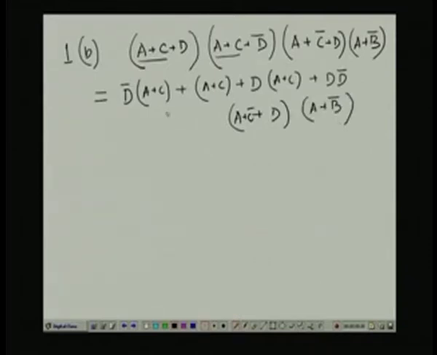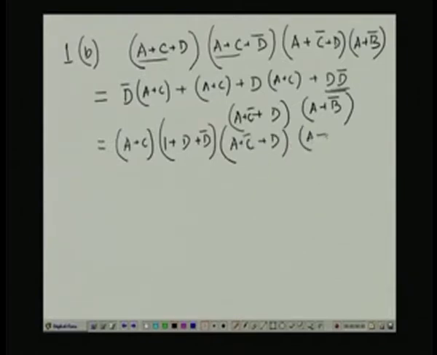Now, see that from the first three terms, if I take A plus C common, then it will be 1 plus D plus D bar, and D into D bar becomes 0. Then the remaining terms will be A plus C bar plus D and A plus B bar.